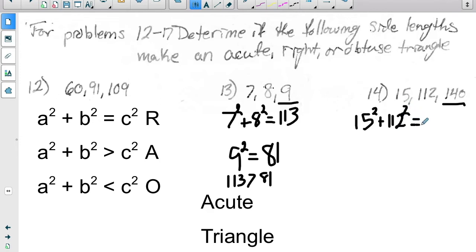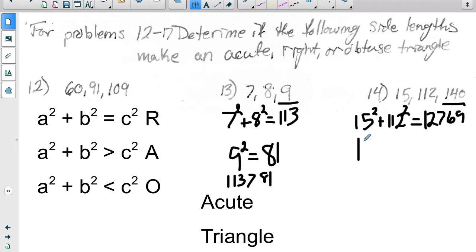And again, just like we did before, we can plug that into the calculator. 15 squared plus 112 squared. If we plug that in, we get 12,769.